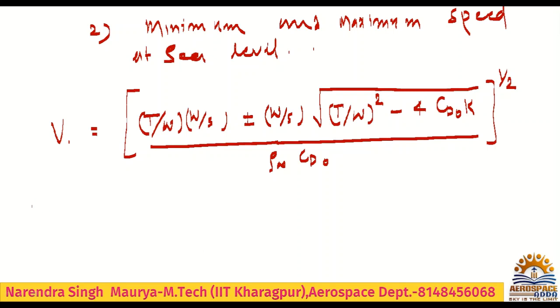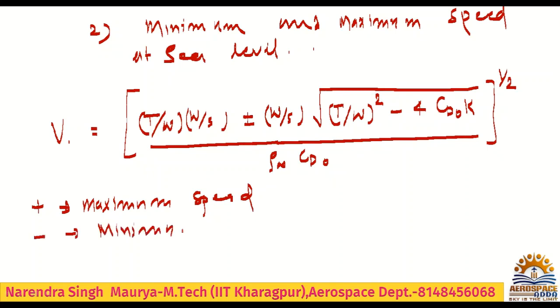If you write plus, then you will get the maximum speed. If you write minus, you will get the minimum speed. So remember this formula, guys.